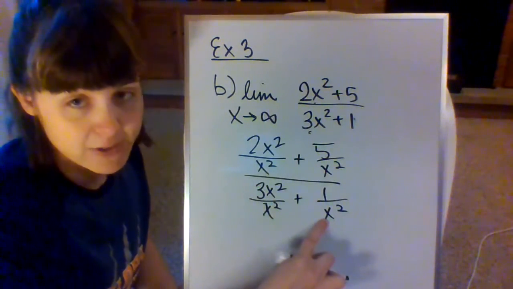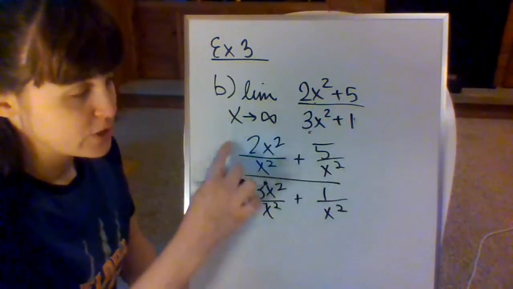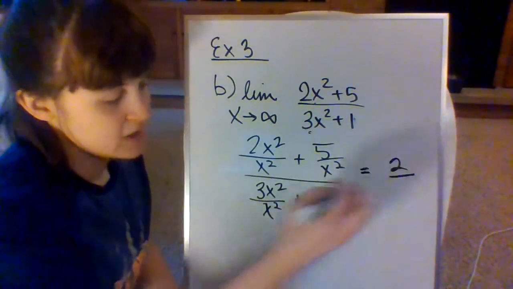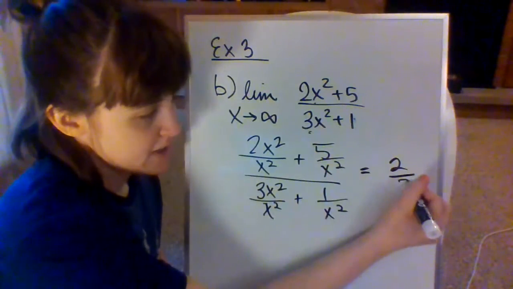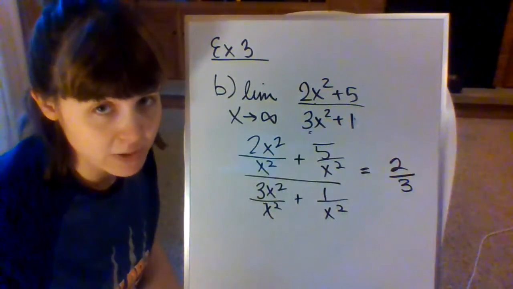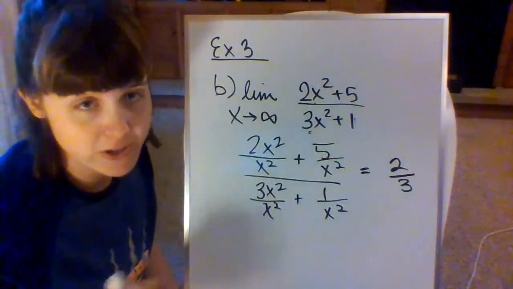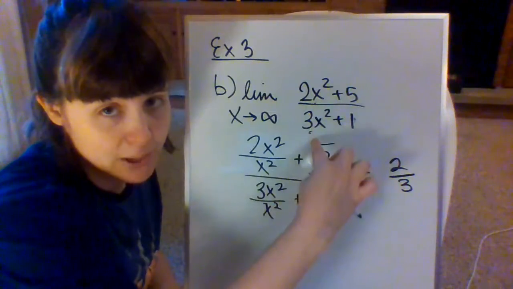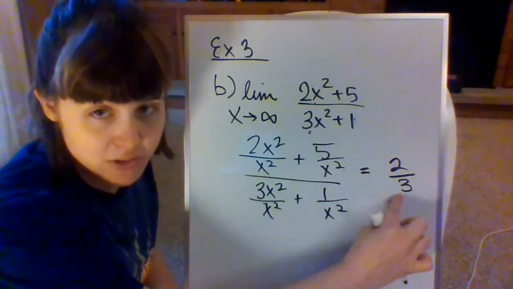And when you plug in infinity here, this part becomes 0. So we're going to have 2 plus 0, which is 2. And we're going to have 3 plus 0, which is 3. So just like I told you a moment ago, without even doing all this, I knew that the limit was going to be 2/3 because the highest power of x is in both the top and the bottom of this fraction. So 2/3, and our answer was 2/3.